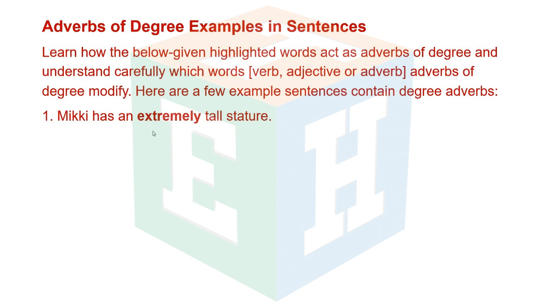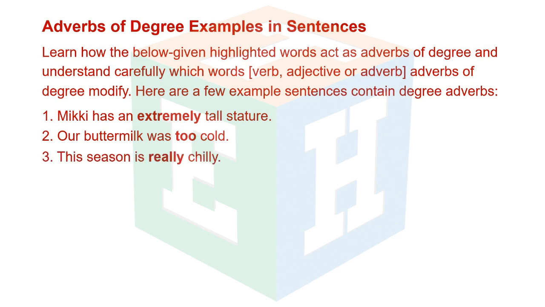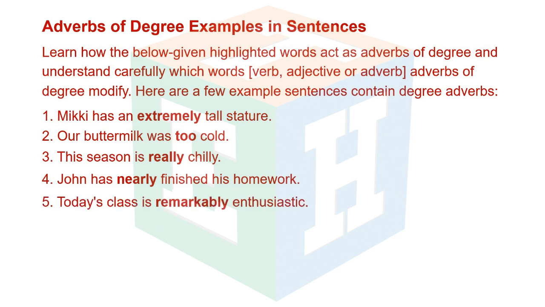Mickey has an extremely tall stature. 2. Our buttermilk was too cold. 3. This season is really chilly. 4. John has nearly finished his homework. 5. Today's class is remarkably enthusiastic.